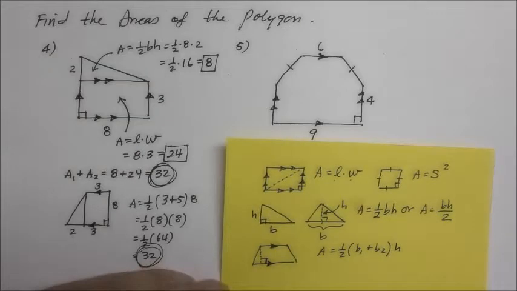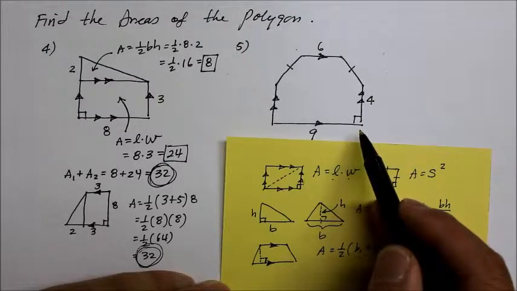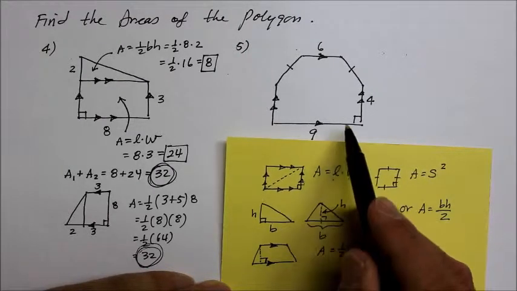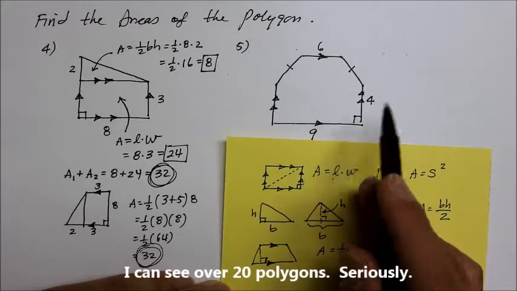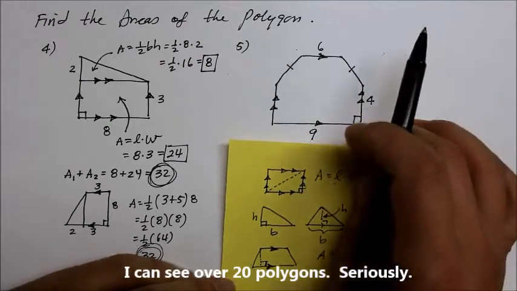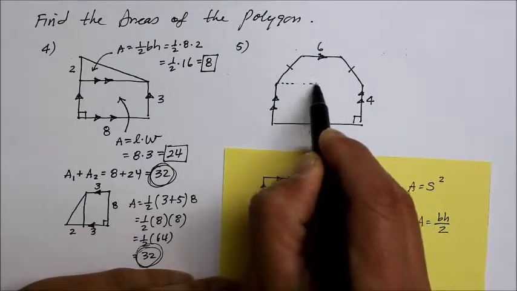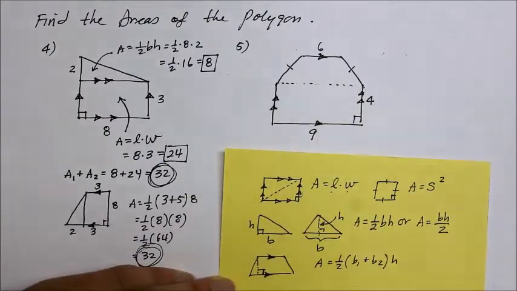And now, how about this barn-looking thing? Can you see at least 2 separate polygons here? Yes? If you don't, how about if I draw a little line this way? Now, do you see 2 different polygons?